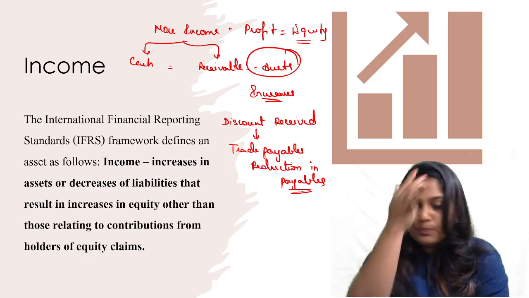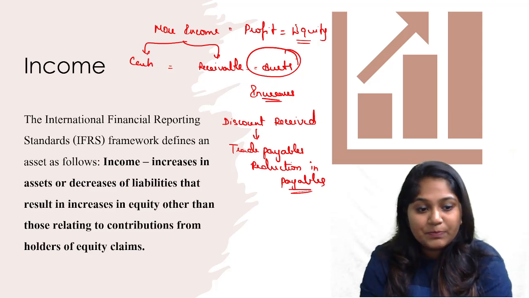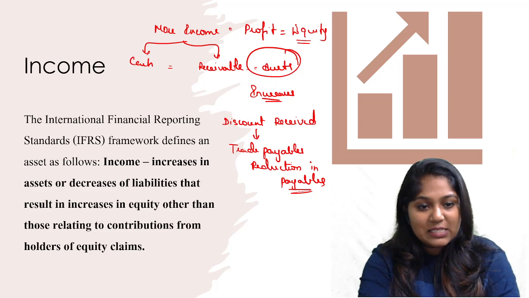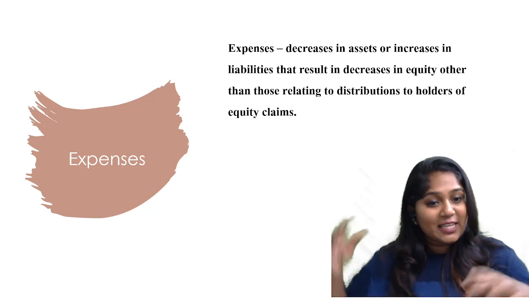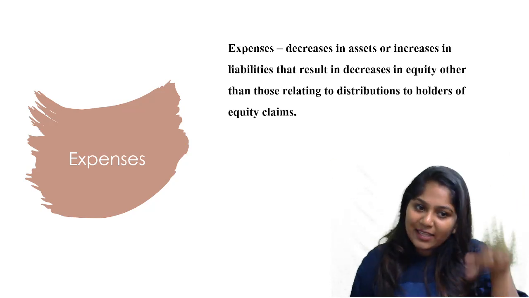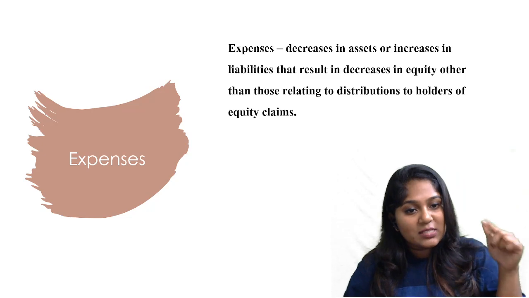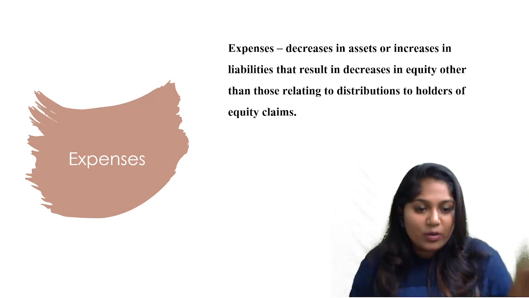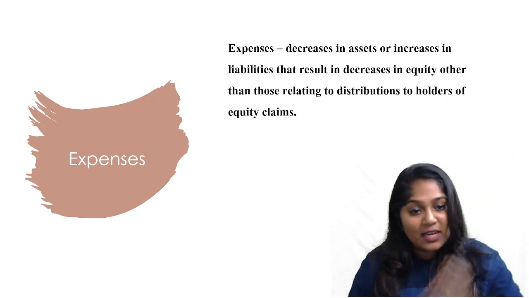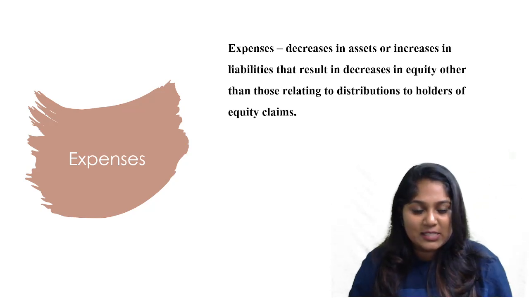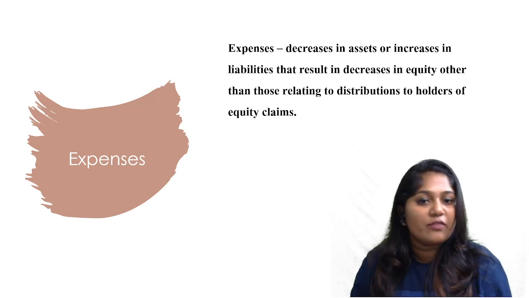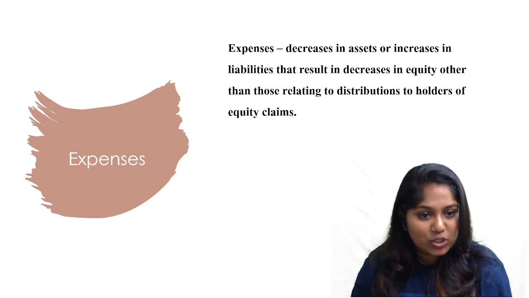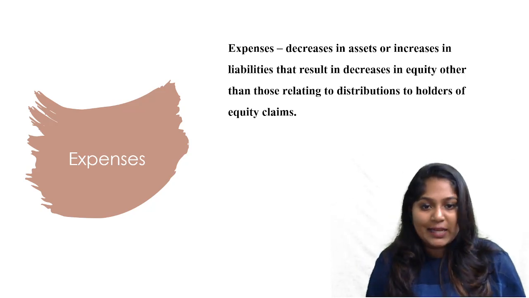That is called income. If you know income, expenses are the easiest. Income was an increase in assets; expenses are a decrease in assets. Income was a decrease of liabilities; now it is an increase in liabilities. There it increases your equity, here it decreases your equity, apart from drawings or dividends. What are drawings or dividends? Those relating to distribution to holders of equity claims.